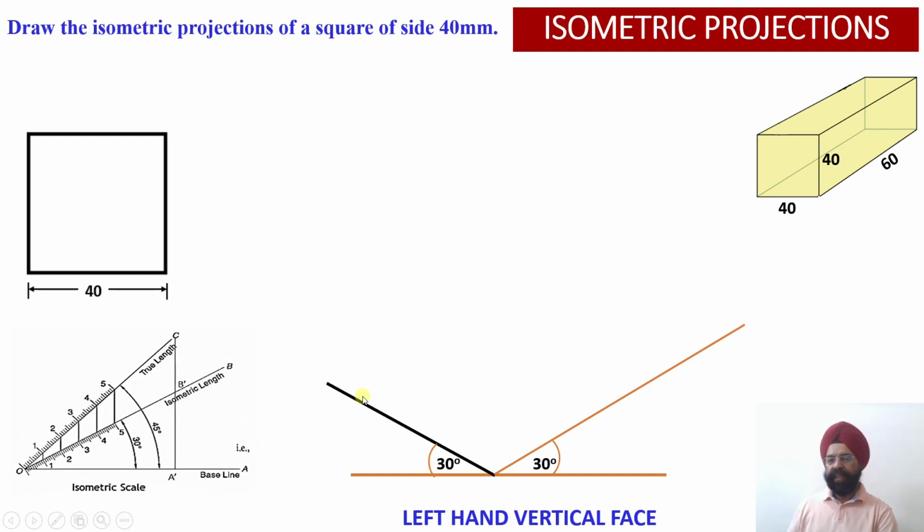So please see, this is my X axis and this is my Z axis, and here my Y axis will be coming. First of all, we have drawn the ground horizontal line, then X and Z axis we have drawn at an angle of 30 degree, Y axis will be drawn at an angle of 90 degree to the ground, right? So let us start with the construction of the square facing the left side, right?